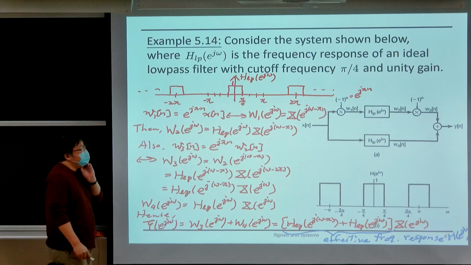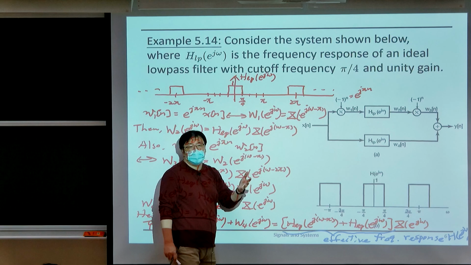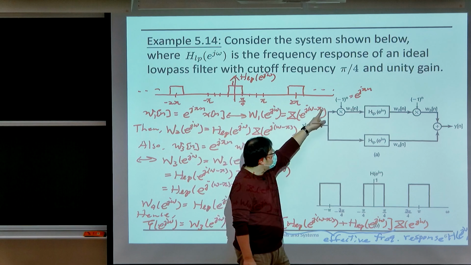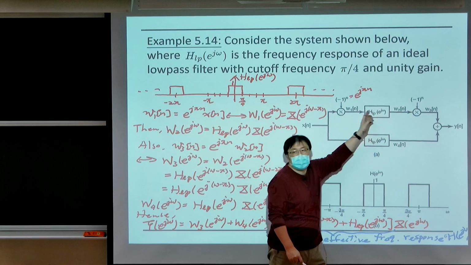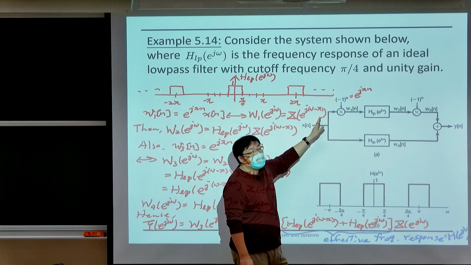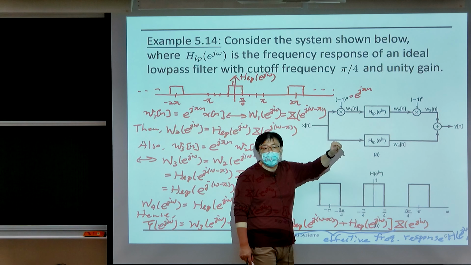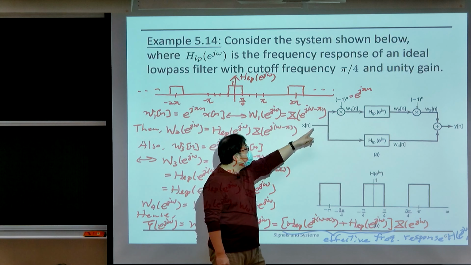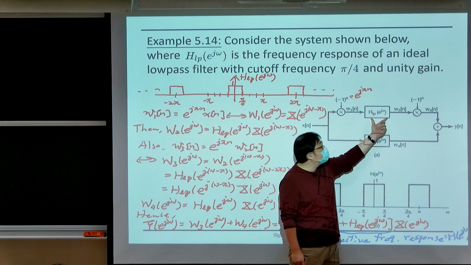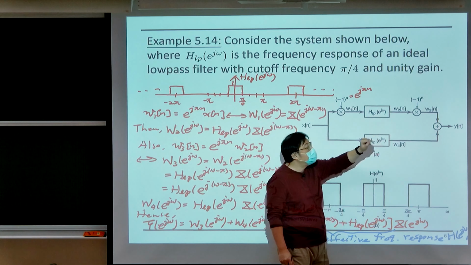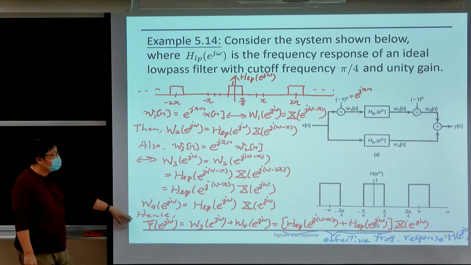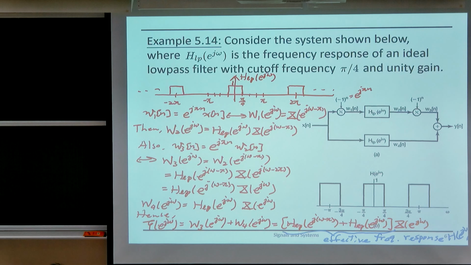But if you think about it, suppose you are not aware of the convolution property, and you're asked to find what is the impulse response between the input and output here. You can see that it's much more difficult if you do this in the time domain. You would have to multiply by this, take a convolution with some sinc-like function, multiply again by this. This is much more difficult to deal with compared to this frequency domain approach.